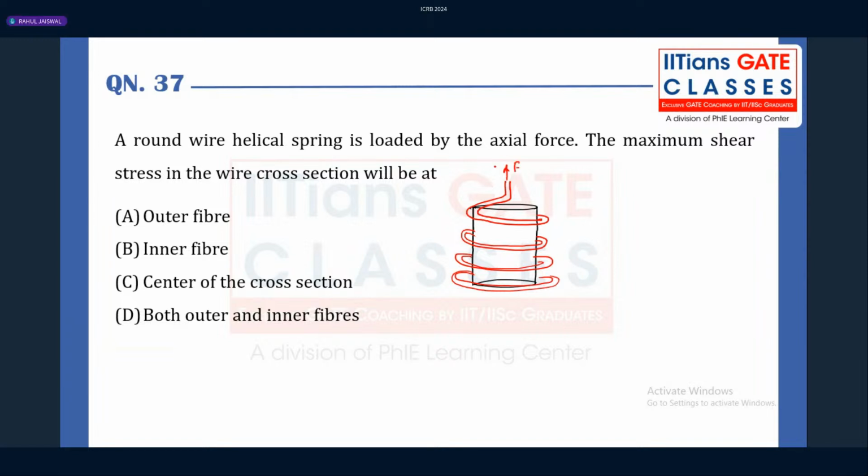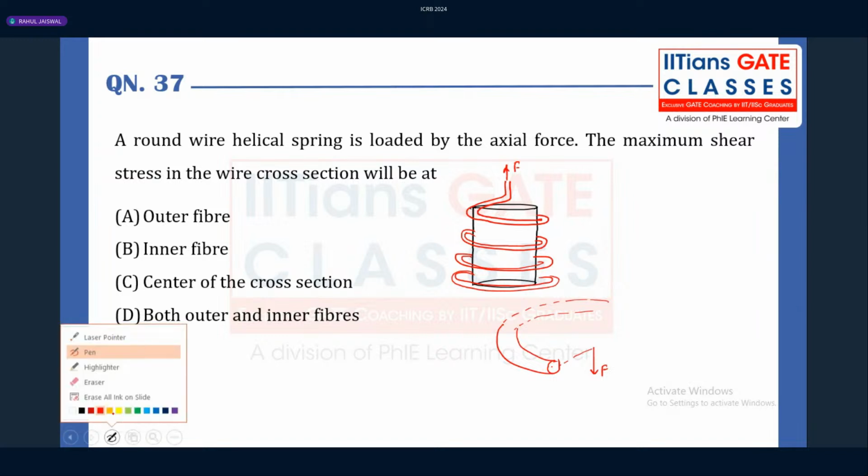With respect to the total helical spring setup, this will be subjected to axial force. But if you see only the spring wire, which is subjected to some axial force like this one.